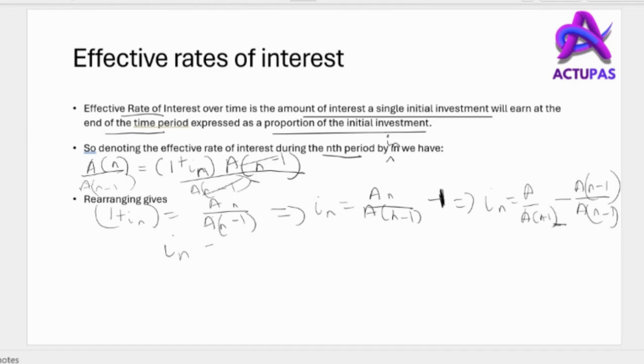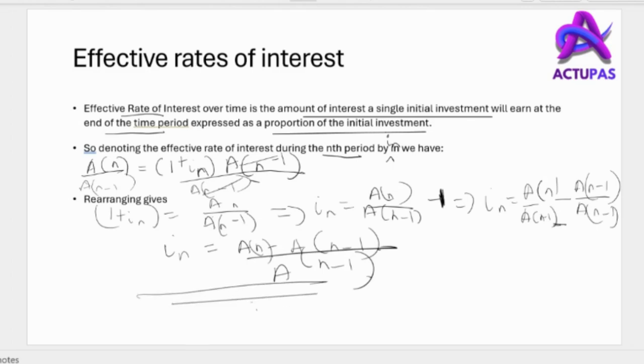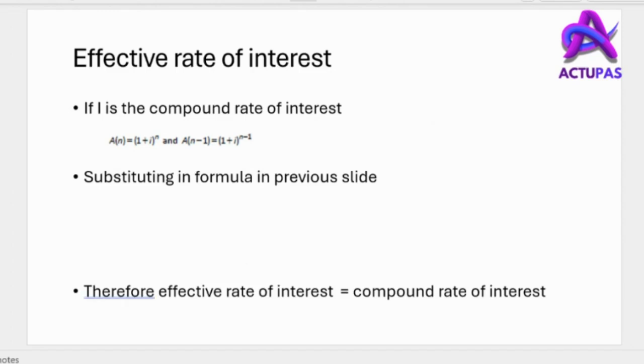We get in is equal to A(n) minus A(n minus 1) over A(n minus 1). That is, the interest earned in the nth time period is equal to the accumulated value at time n minus the accumulated value at time n minus 1, divided by the accumulated value at time n minus 1.